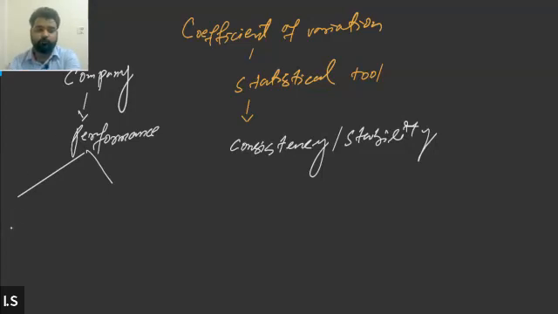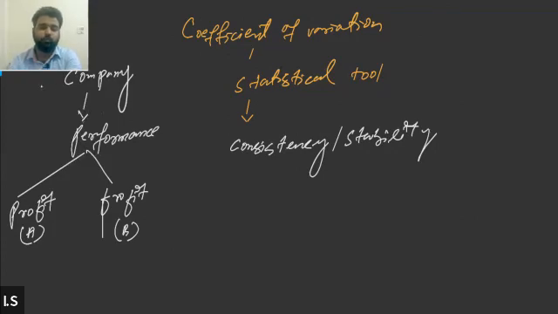In order to say which company is more stable or more consistent in terms of profitability, we will be comparing their profits side by side, profits of company A, and then we will compare it with the profit of the other company, B. But the thing is that we want to find out which company is more consistent in terms of profit generation.